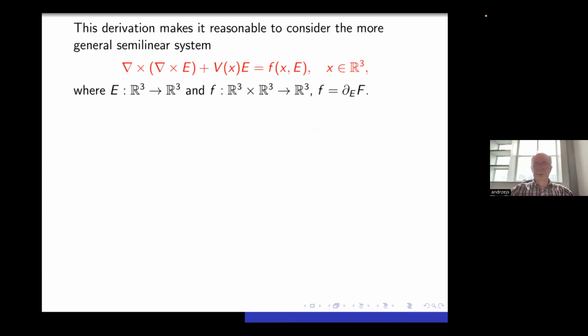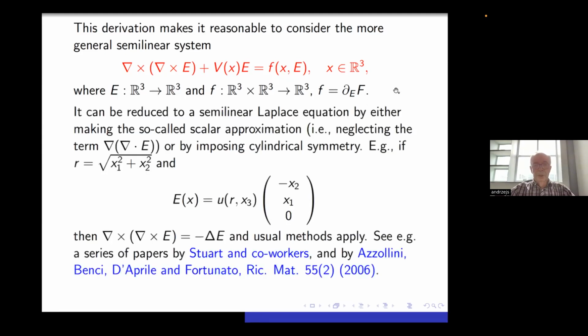So now, because of this derivation, it is reasonable mathematically to consider this equation. Here we have some V of x, and here we have f of x, E, where f is the derivative of capital F. Now, this equation can be reduced to a semilinear Laplace equation.